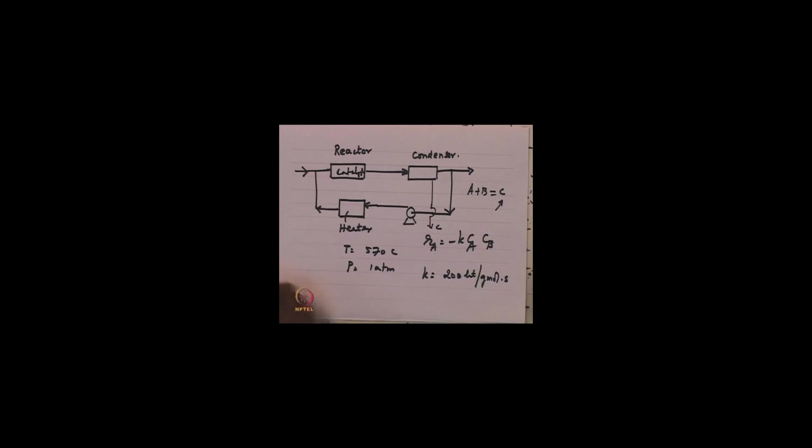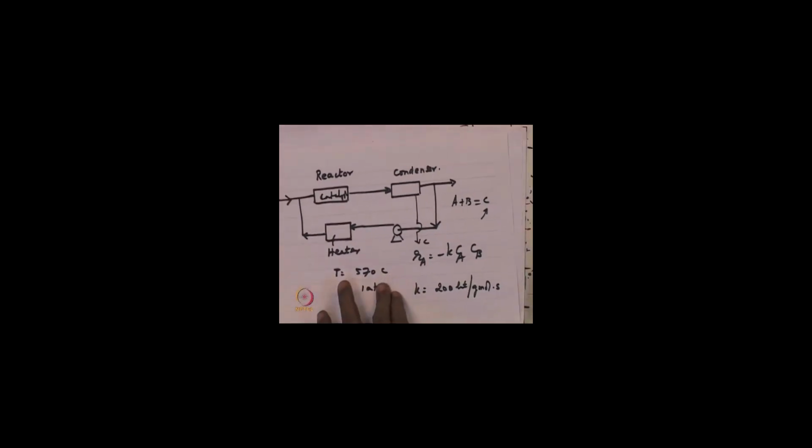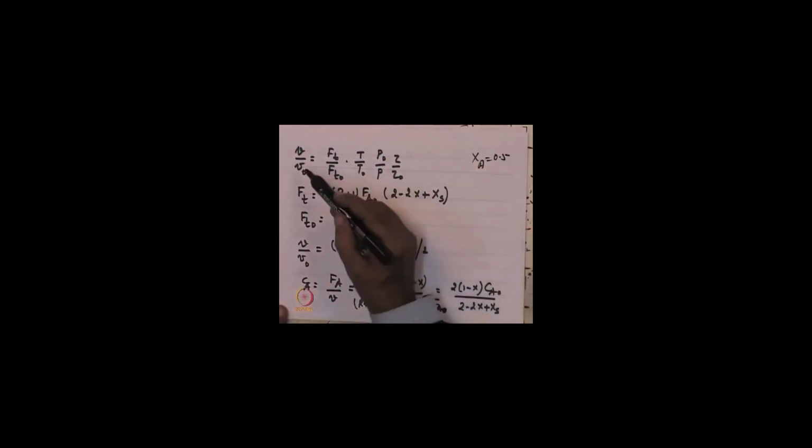Basically, that is a point that we have to take into account. Now, we have said all these, so we quickly recognize that for the case of the condenser, for x A equal to 0.5 conversion, by the gas law we get V by V 0 as this, with the total molar flow, all those details we have done. Therefore, we can get the volumetric flow as given by this, and the concentrations are given by simple expressions like this.